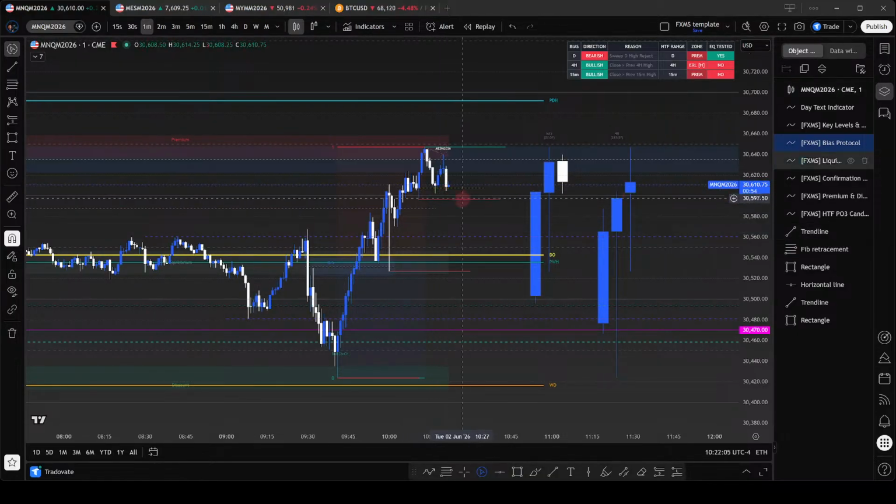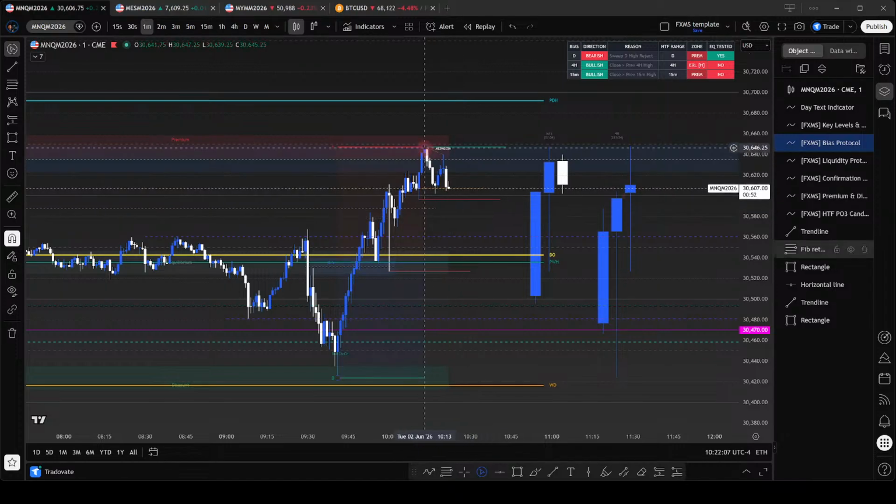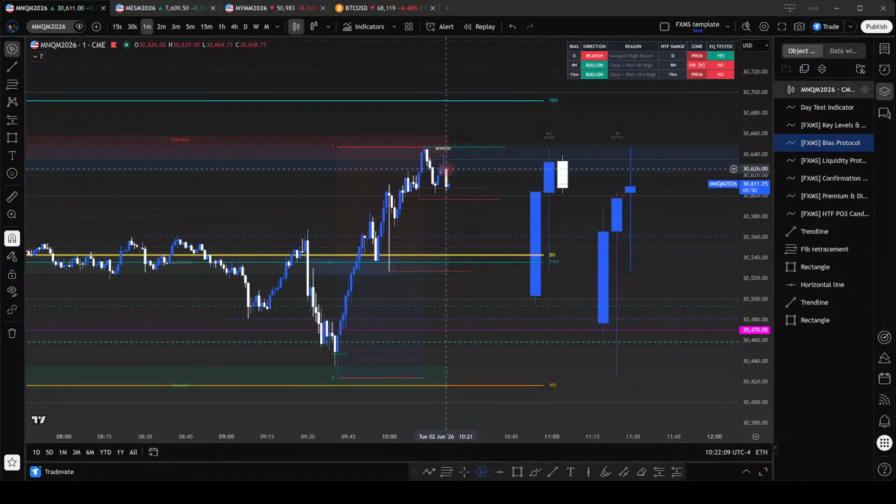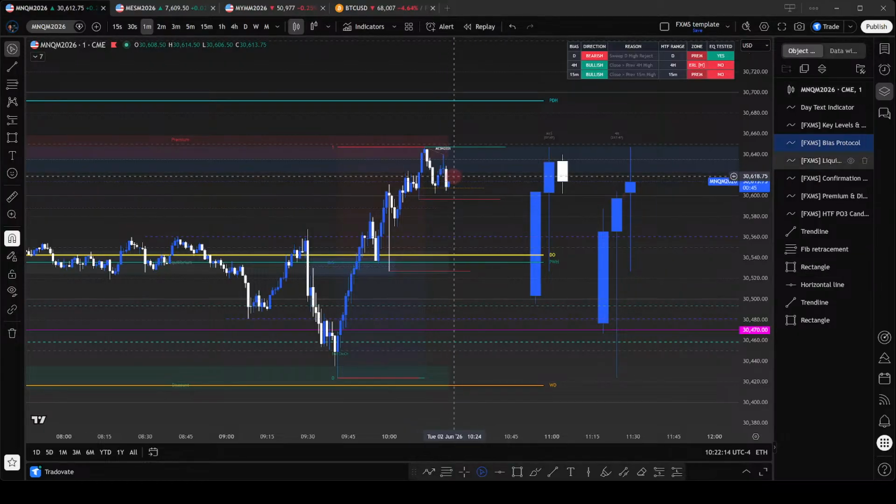Again, so close. All right, so we got divergence to the high here. We got a nice shift, potentially forming an imbalance here if we get some momentum, and then we should close through on this candle if it does.